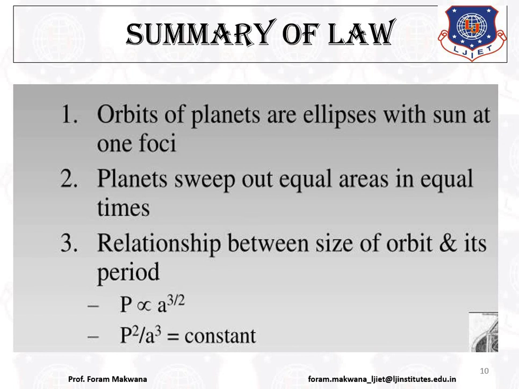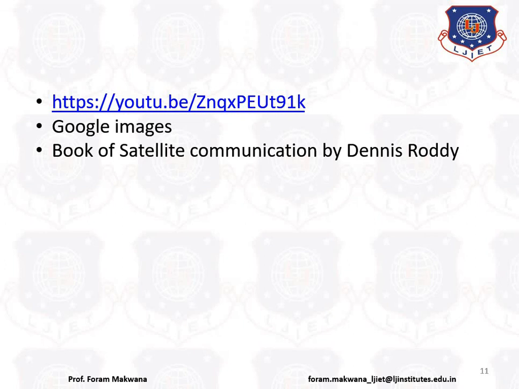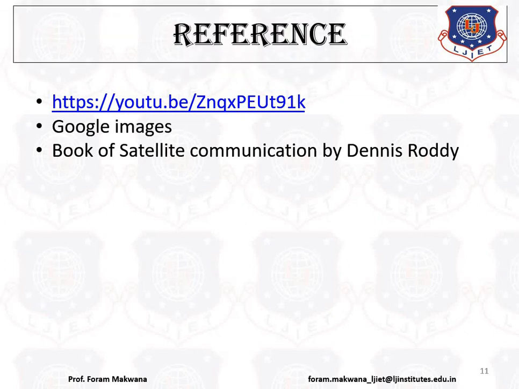And the third law defines a relationship between the size of orbit and its period. That is, P is directly proportional to a raised to 3 by 2. Okay, these are the references.